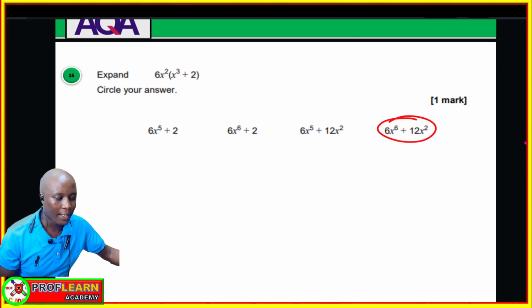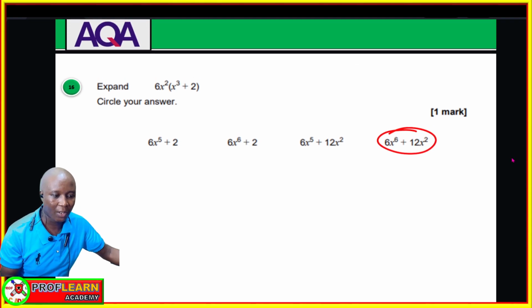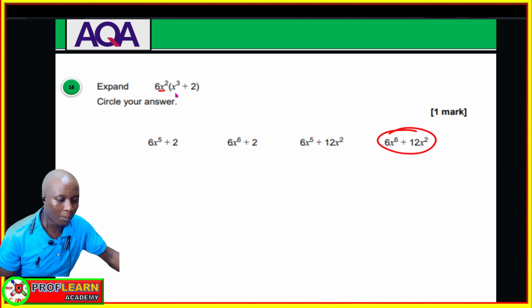Expansion, we have already mentioned how you can handle questions to do with expansion, but I need to mention that whenever you multiply values of the same base, you are going to add the powers.